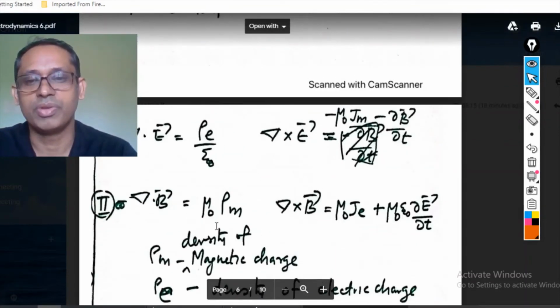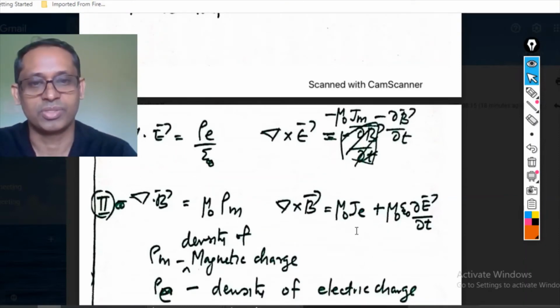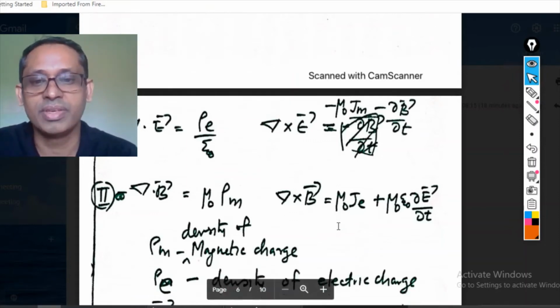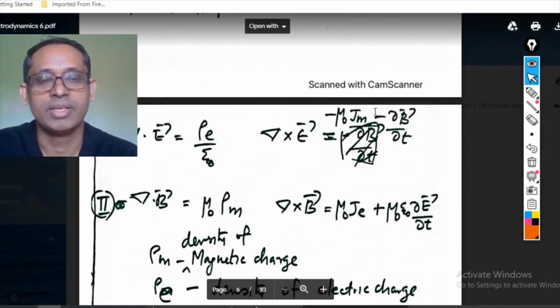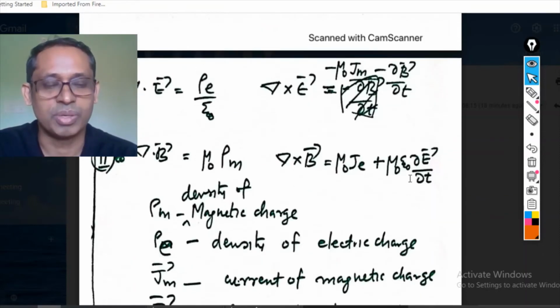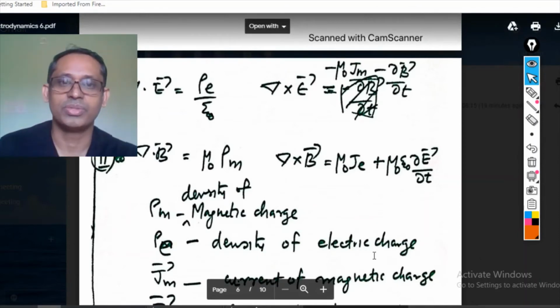Then del dot B will be equal to mu 0 rho m, and del cross B equals mu 0 JE, the current of electric charge, plus mu 0 epsilon 0 dou E by dou t, because here we have the current of magnetic charge. So this is symmetric.